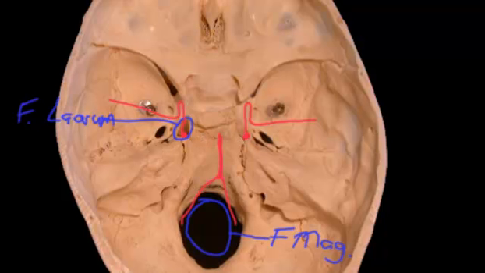We'll just write it over here. Internal carotid artery, and down here we'll just write vertebral artery. And in fact, interestingly, these arteries, the internal carotid and the vertebral artery, come together in this lovely arterial circle called the Circle of Willis.